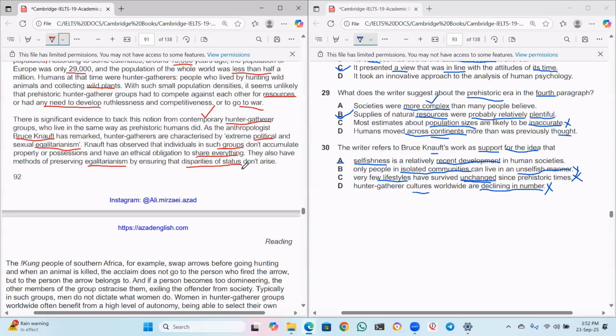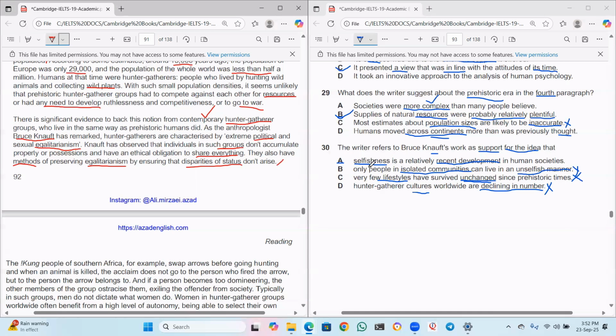Somebody high, somebody low, no. So what did they do? They had some methods of preserving equality. So all these things tell us what? People were not selfish. These hunter-gatherer groups are not selfish because they are not accumulating wealth or possessions, and they share everything. They don't have these status disparities. So all these things tell that they are not selfish.